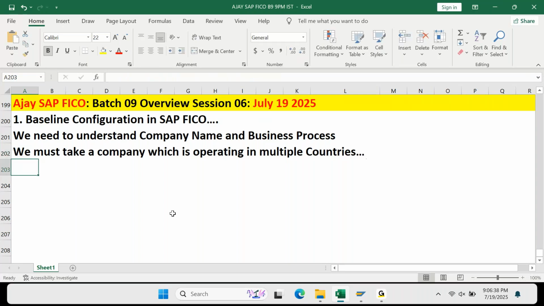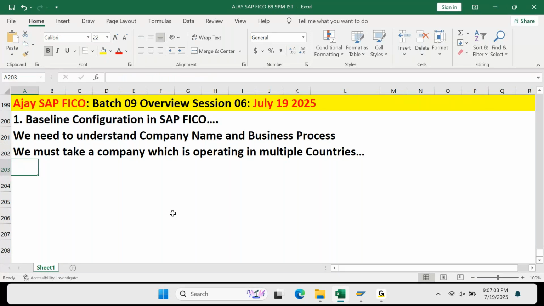Are these two points clear? First, we need to understand the company name and their business process. Secondly, take a company which is operating in multiple countries. When you say multiple countries, are you referring to an MNC, a multinational company? Is that right?